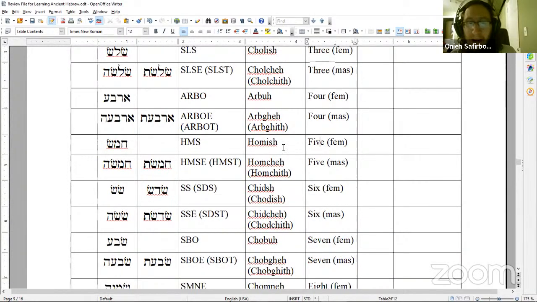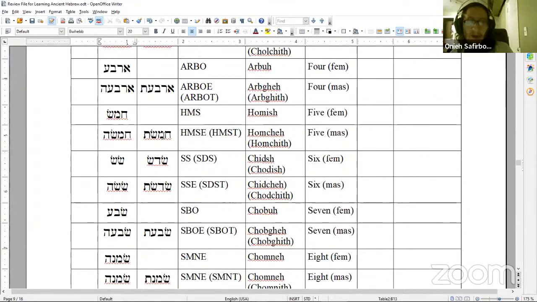5 feminine, hamish, masculine hamcha, originally hamcha. And again, the words are spelled right here on the left 2 columns. Then chich, originally chadish, that's feminine for 6.